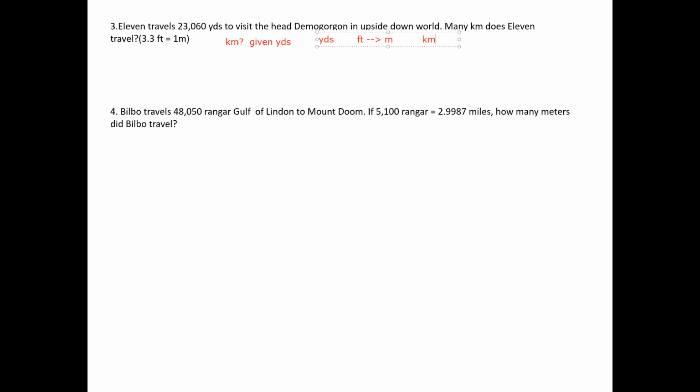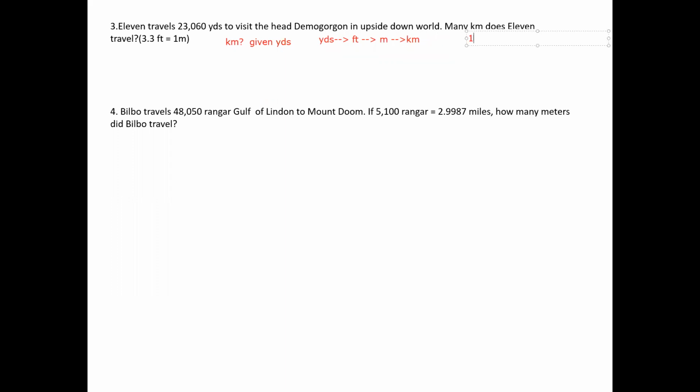The question is, do we know a conversion between yards and feet? And the answer is yes, we know how many feet are in a yard. So we can go directly from yards to feet. The second question is, do we know how many meters in a kilometer? If that answer is yes, then we can go directly from meters to kilometers. And the answer is yes, we know how many meters are in a kilometer.